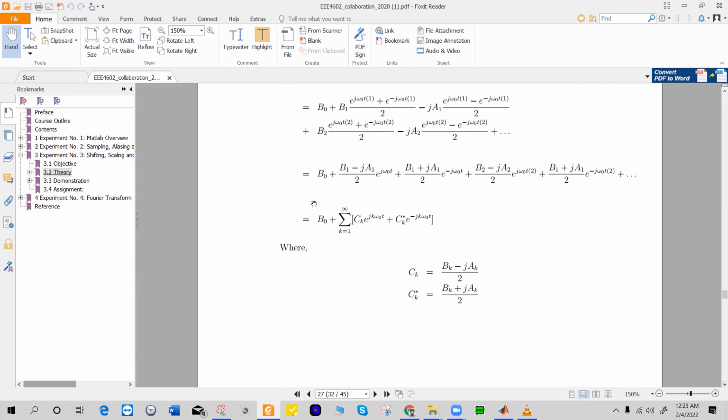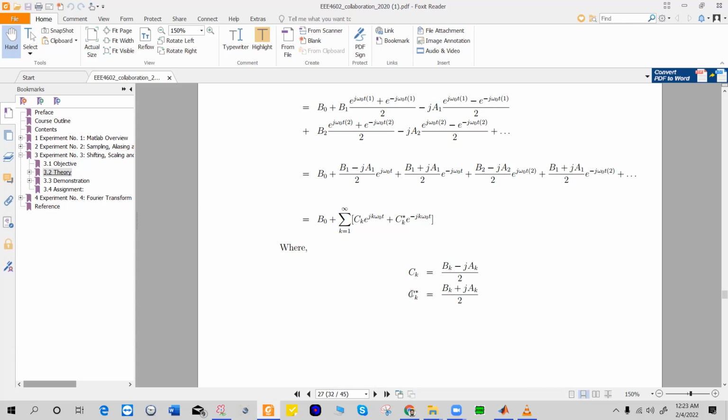This is one way, and we will follow this representation because the question is defined using those equations. That's why I will use this equation. Here c k is b k minus j a k by 2, and c minus k is just the conjugate of the previous one.